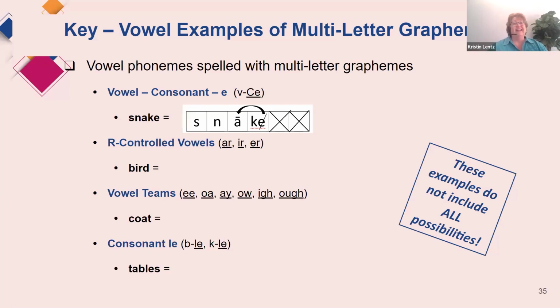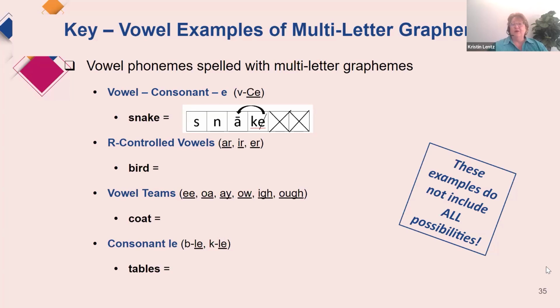I cross out the E, and then I may even put an arrow back to the A to show that it makes the long sound. Whether or not you put the macron in to show it's a long sound is up to you. It may also be a scaffold that you initially do and then back off as kids get more comfortable with this particular spelling pattern.